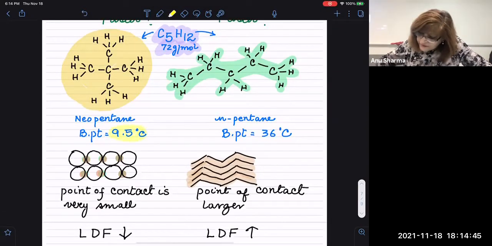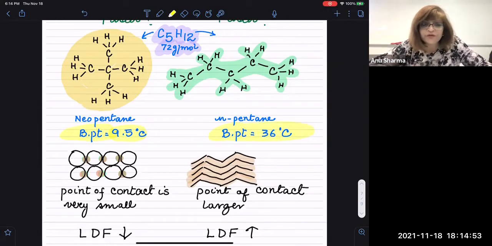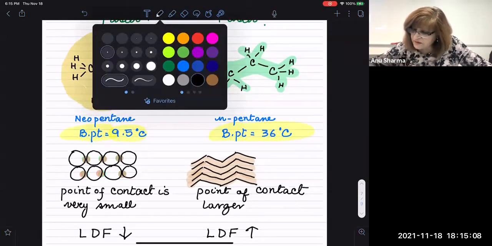So little bit of heat is needed. That is why the boiling point is low. Here, a larger amount of heat is needed. 36, you have to heat it more than at least 9.5. So the boiling point is more. The more the spread, the surface area, the more the boiling point is going to be. The less the surface area, the less the boiling point is.